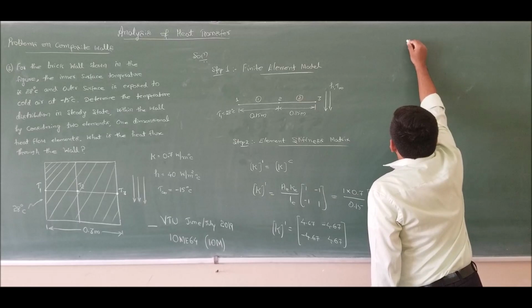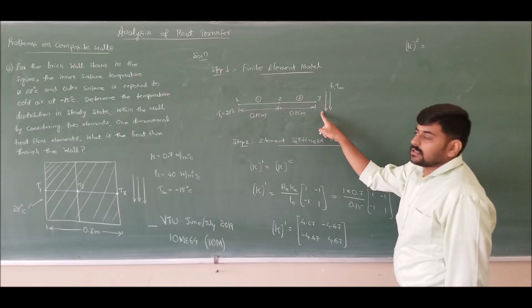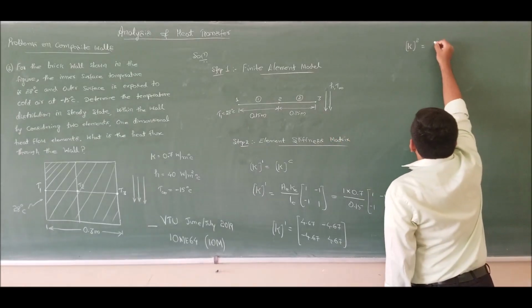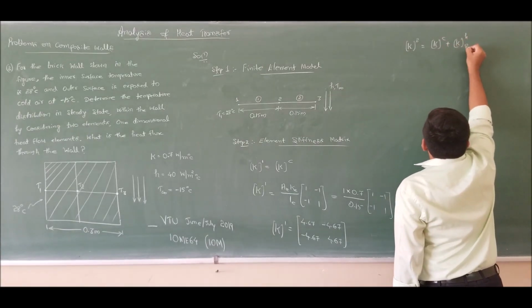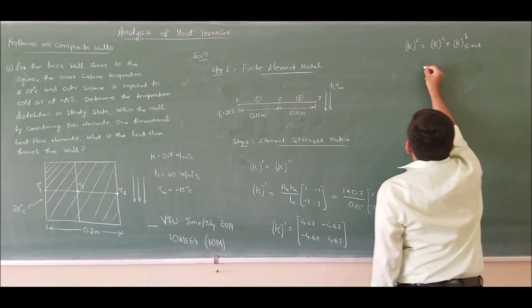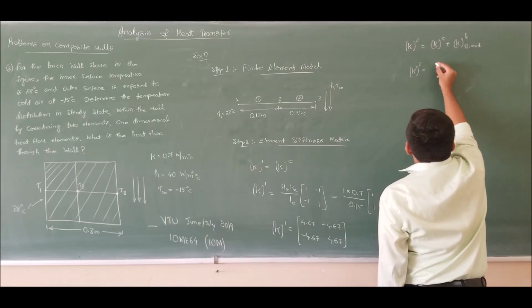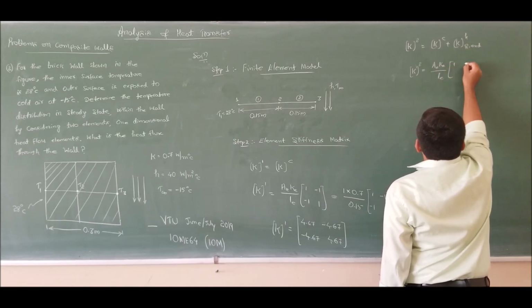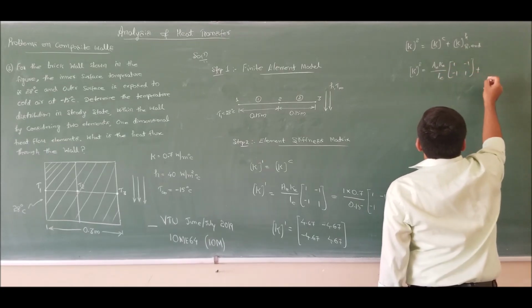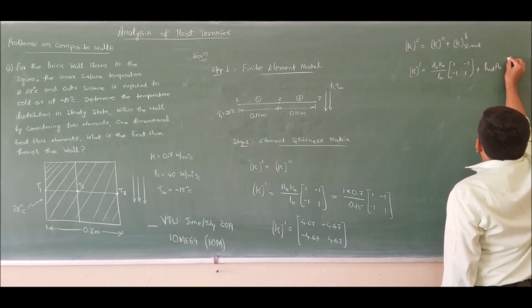Next, moving on to the element stiffness matrix of element 2. For element 2, if you clearly observe, we have conduction plus right end convection. So I use the formula of conduction plus right end convection: area of the element times thermal conductivity by length of the element, times 1 minus 1 minus 1 1, plus h times area times 0 0 0 1.